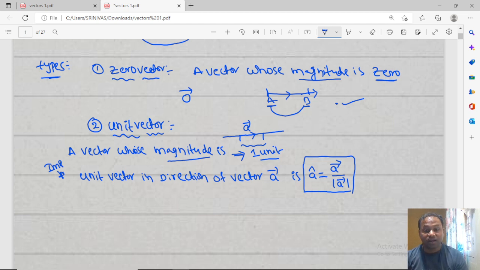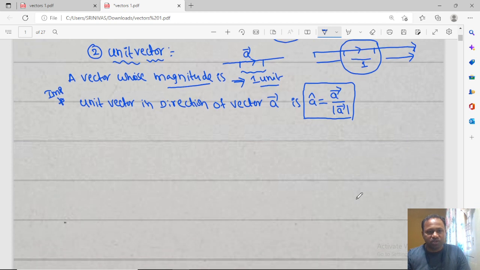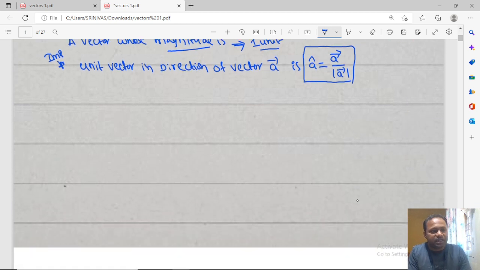For example, this is a vector from A to B. Then I take one portion whose length is 1 in the same direction. This is called the unit vector in the direction of the given vector, which is a bar by mod a bar. This is about unit vector. After that, co-initial vectors.